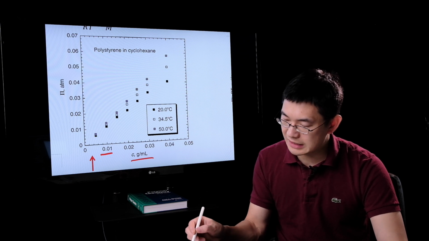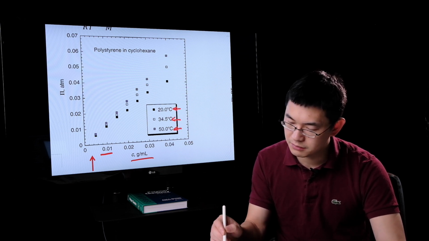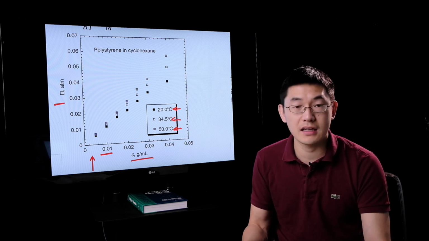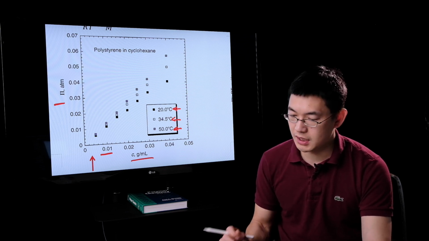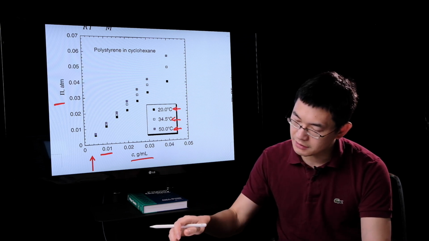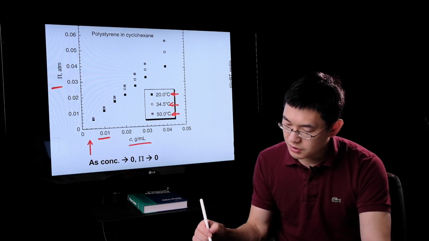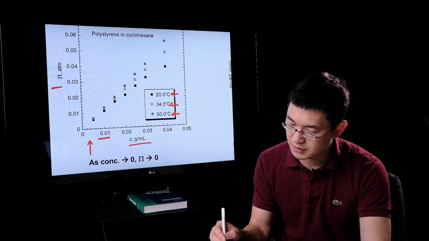You can measure them at different temperatures. As we show here, we have 3 different temperatures, and osmotic pressure is expressed in Pascal or ATM, where ATM is atmospheric pressure. As concentration goes to near zero, the osmotic pressure will be zero.